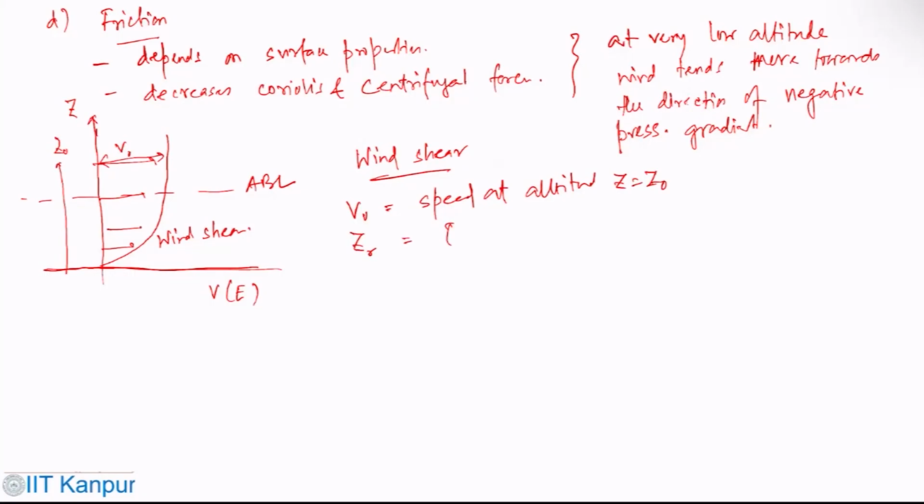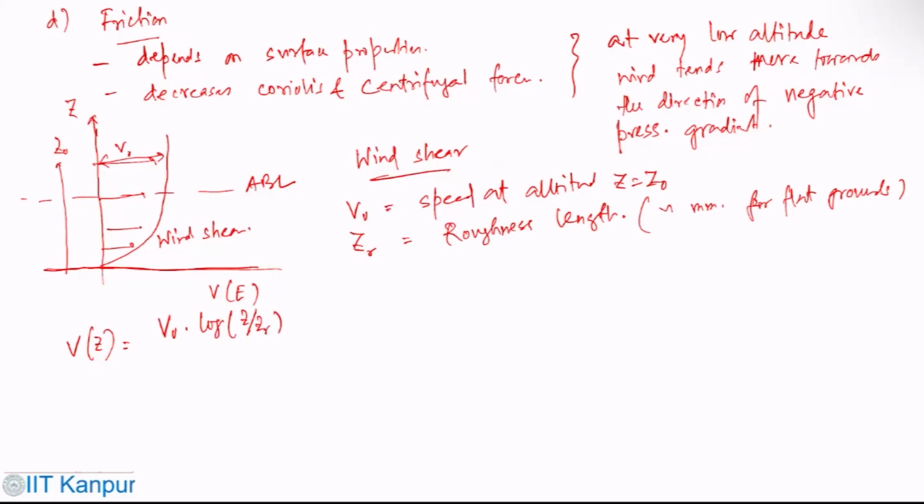Zr is the roughness length, which is typically on the order of a few millimeters for flat grounds. Then you have V of Z equals V naught log of Z by Zr over log of Z0 by Zr. So this is the typical logarithmic profile that can be used to calculate the wind shear.